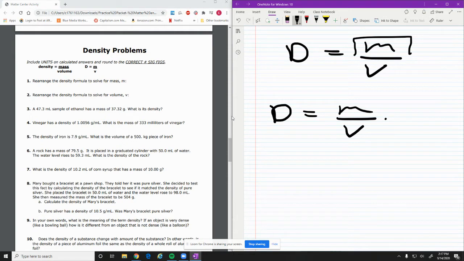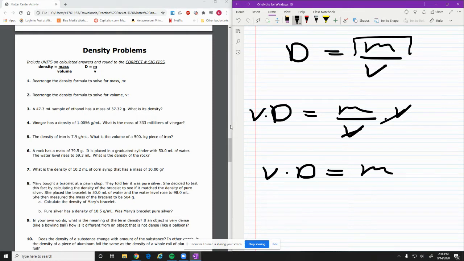I want to multiply both sides by volume, and notice that we're left with the same exact equation as we did before. Mass is equal to volume times density, except this one we just have one extra step, right? We got to the same place, now we just need to do that extra step.